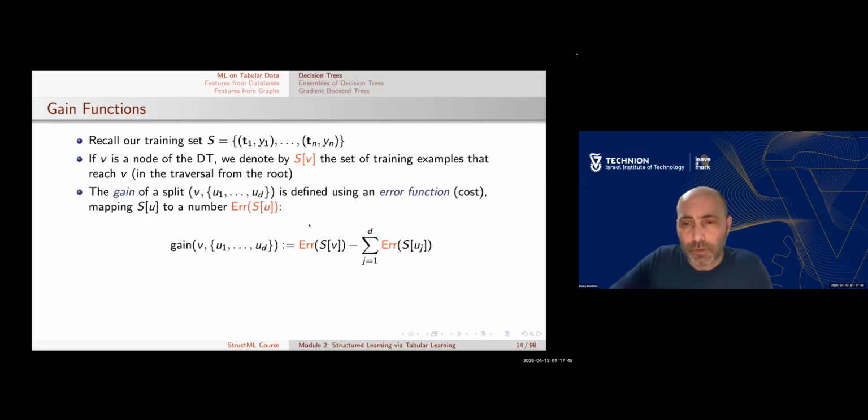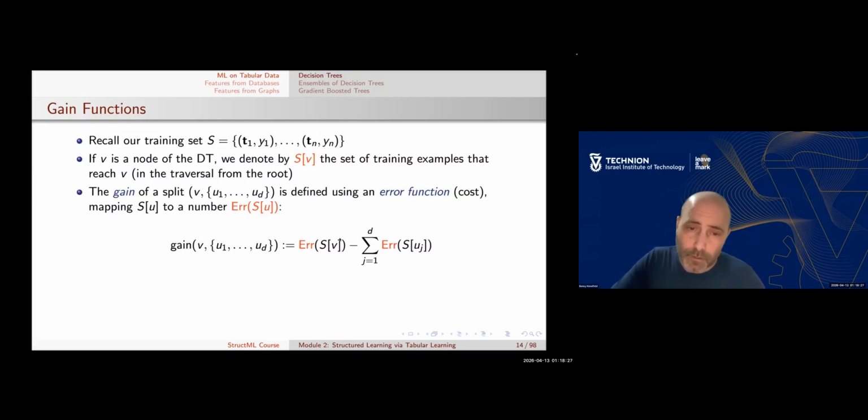Now, a natural gain function would be to say, if I used V as a leaf, then let's look at all of the examples that end up at V. I would need to make one uniform decision for all of these. What is the error that I would incur there? The loss of accuracy, loss of precision. I can also split it into U_1 to U_d, and then my error would be the sum of errors for each of my children U_i.